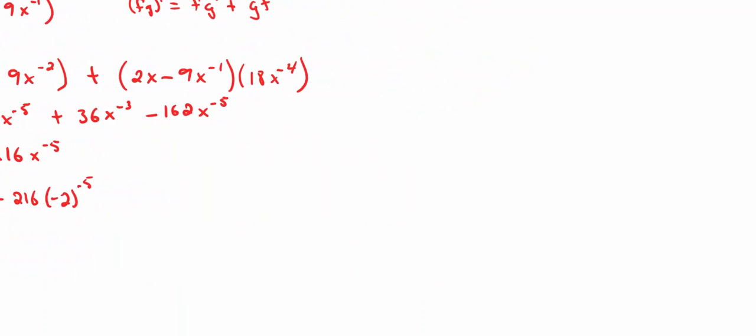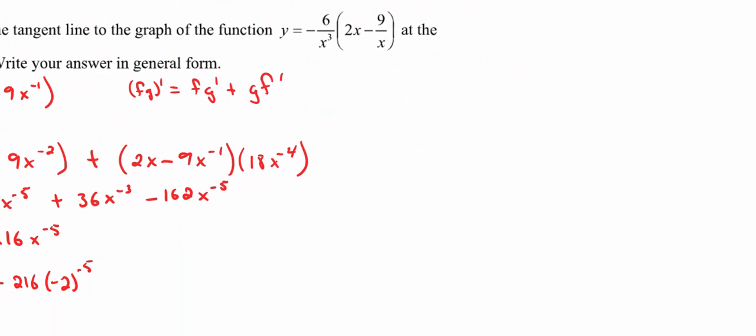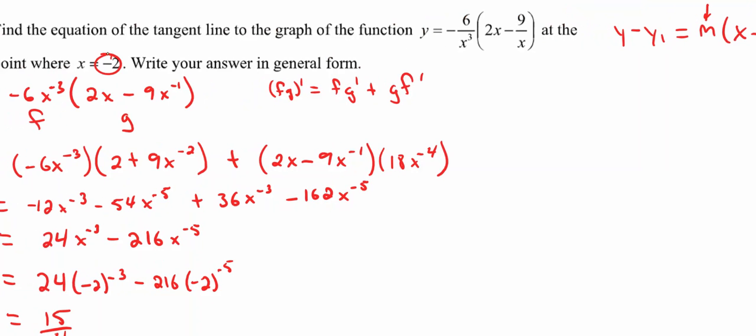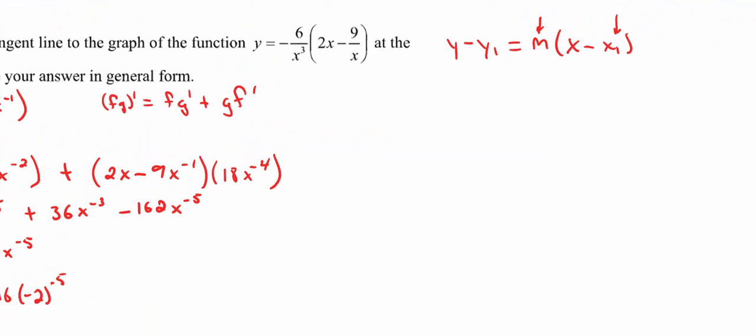Okay, so remember what we're after here. We want an equation, so we want y minus y1 is equal to m times x minus x1. Now we have the slope, so we're good there. And we already have x1 too, because we know this point's on the line. The only thing we don't have is y1. So let's figure out that one. Back in the original equation, we just have to figure out what y comes out as when x is negative 2.